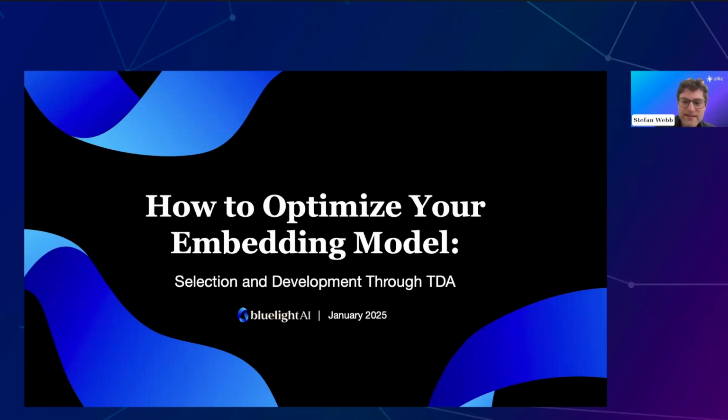Gabriel is a senior data scientist at Blue Light AI, leading applications specifically into vector databases. He developed Blue Light AI's clustering-based methodology for comparing and improving embedding models for retrieval tasks.